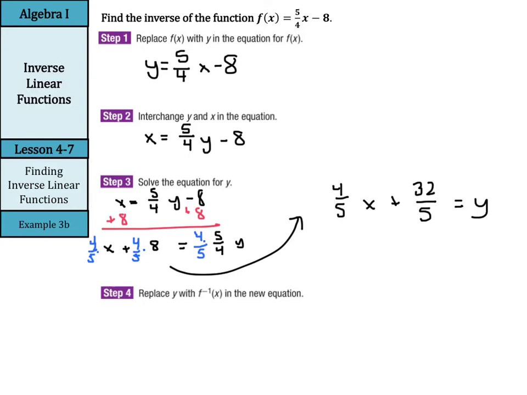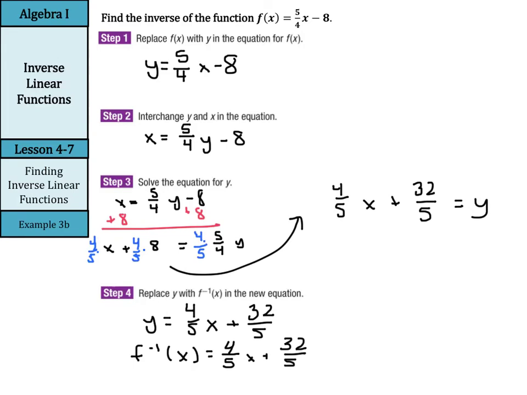Or simply, y equals 4/5 x plus 32/5. Well, then our last step is to replace that y. So f to the negative 1 of x equals 4/5 x plus, might as well just keep it, 32/5. And that's our equation.